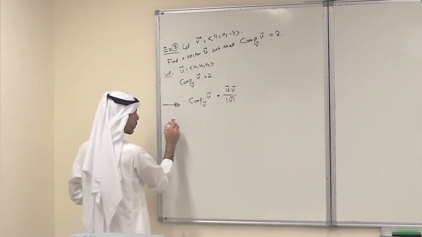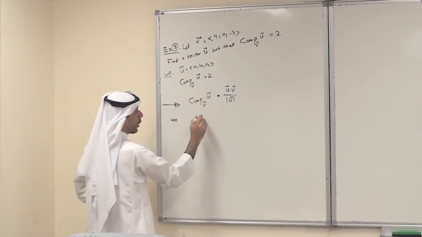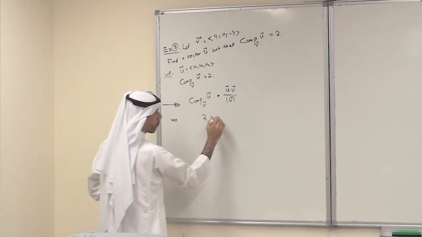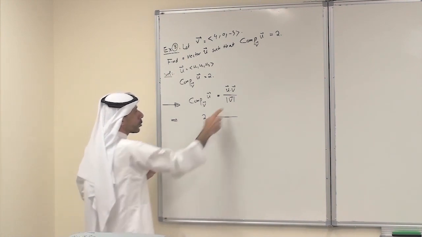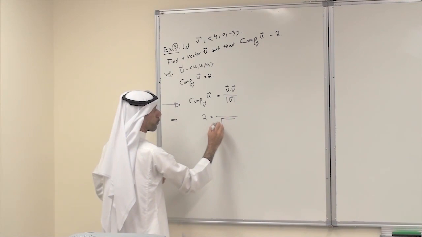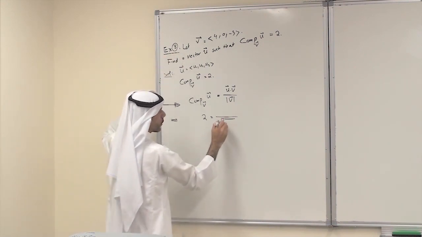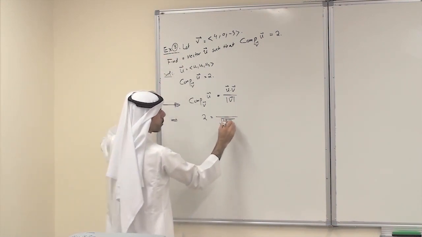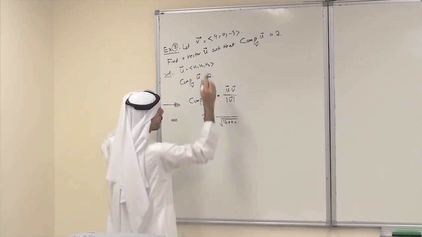So this implies the component is given as 2. Just find the magnitude of V. So this is root of 4 squared, which is 16, plus 0, plus 9.